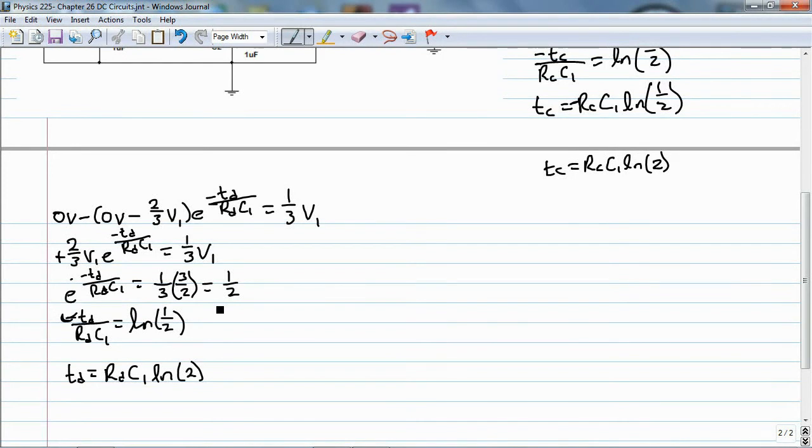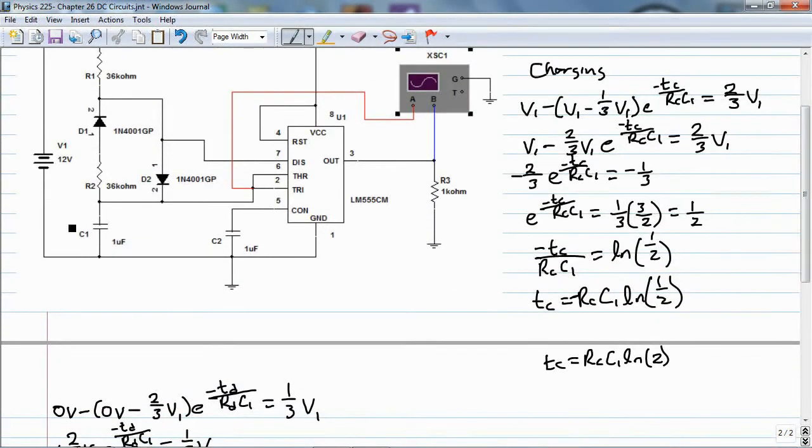Now notice that my time has nothing to do with my potential, so this operation is independent of the potential that I put across this whole circuit. I can put whatever potential I want and the timing will not be affected.